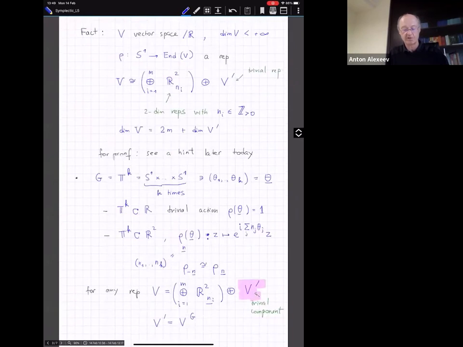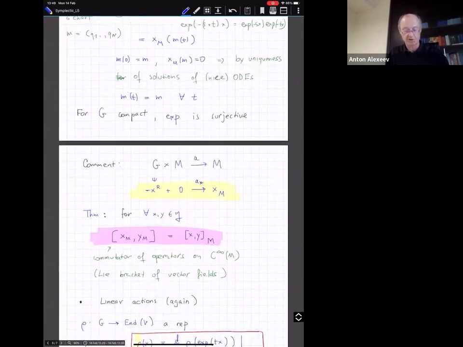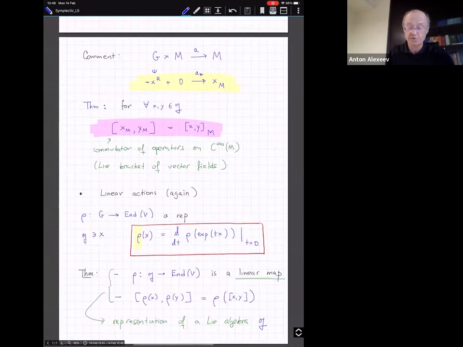And now we have representations of Lie algebras, which are defined by this set of conditions. And you may wonder whether one can go between these two notions.